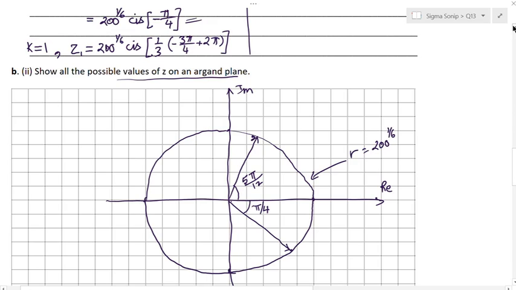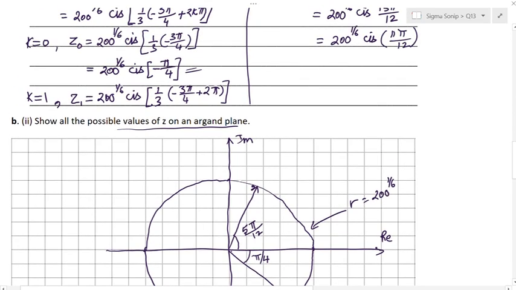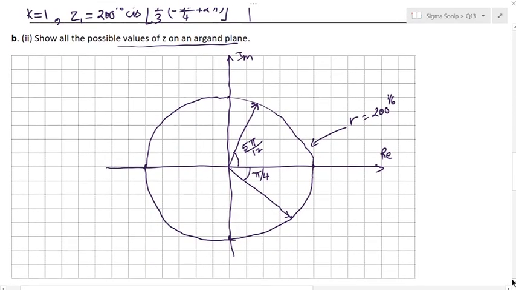And the third root that we found is minus 11 pi over 12. Minus pi comes here, all the way up here it is minus pi. And we only want minus 11 pi over 12, so it will be pi over 12 less from here. So we come back here. Pi over 12 is 15 degrees, so it will be something like this here.